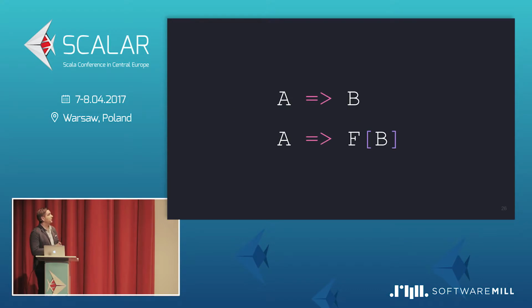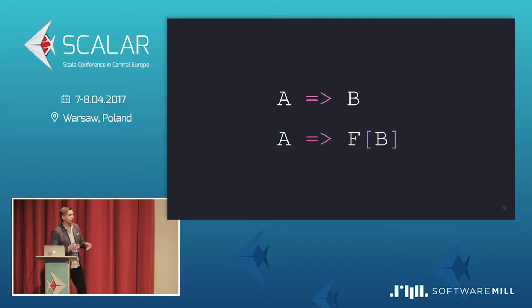So what we want our programs to look like is that they are composed of things like, best, functions from A to B. This is the simplest case. You don't need to think about almost anything, right? And the second thing is functions from A to F[B]. Why do we need those functions? Well, because the world is a messy place, right? It's not like you're calling an RPC system and it will just respond. It can respond with an error code, right?